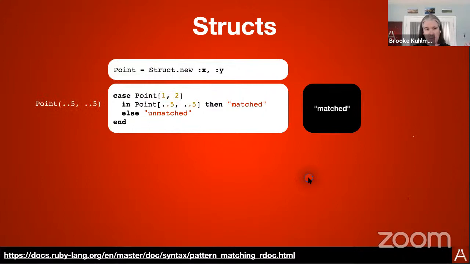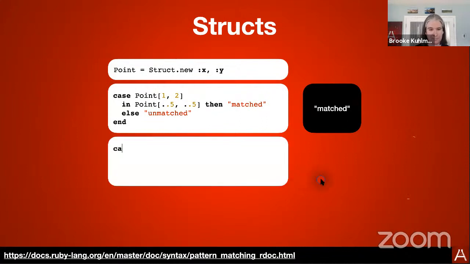Now, I want to highlight that the way this is working is the pattern is point, which is our struct, or our custom class in this case, and we can use parentheses and then the pattern that we want to match against. That's basically the syntax. It's nothing different than what we've been talking about. It's just a little bit more explicit now that we're dealing with structs or even custom classes.